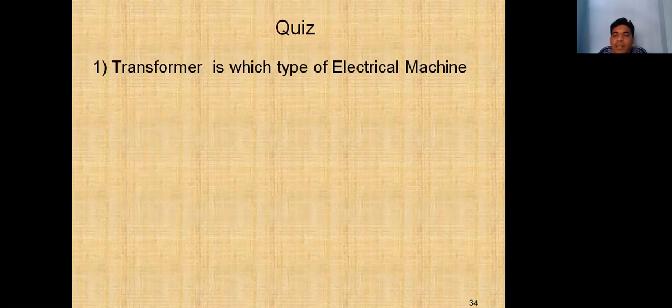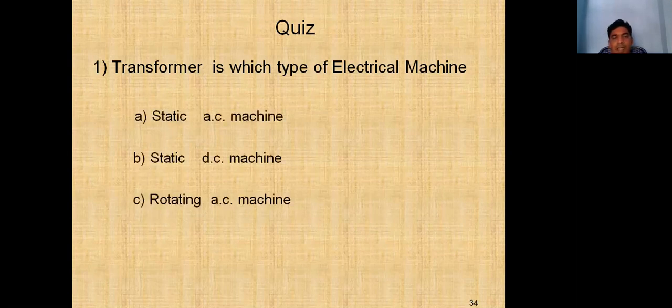So coming to the quiz. Transformer is which type of electrical machine? Static AC machine, static DC machine, rotating AC machine, rotating DC machine.